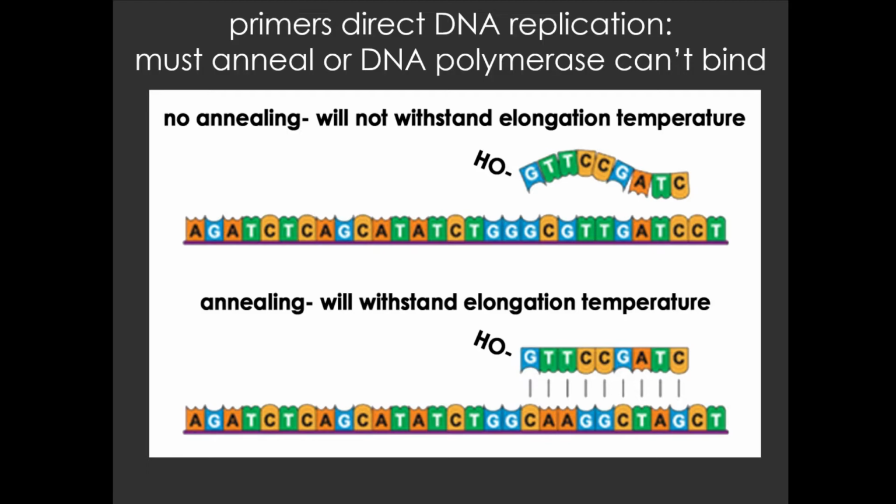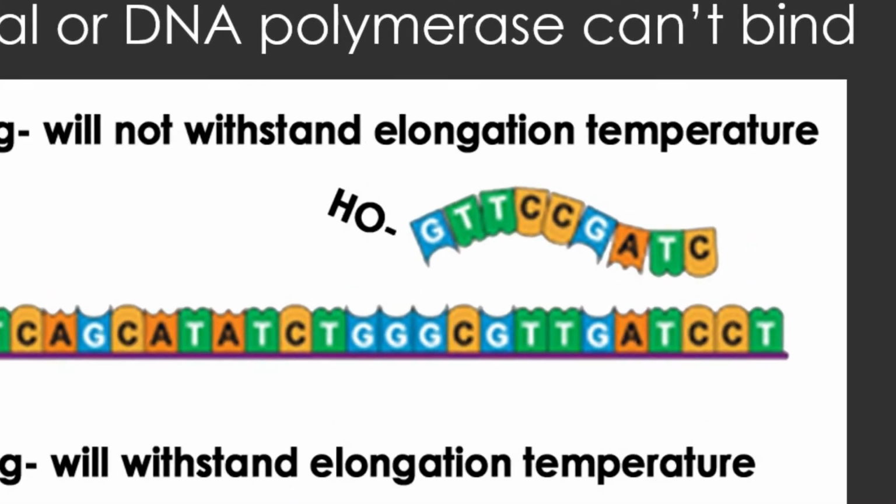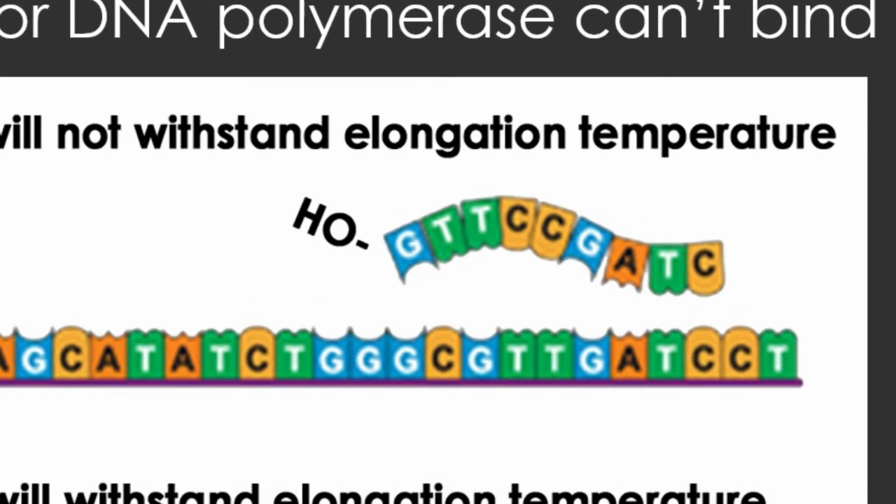So 75 degrees Celsius is enough heat that if those base pairs don't match, they won't anneal. As you see with the top example here, there's not enough complementarity between those 2 fragments of DNA, and so there's no annealing, and that means that there's no OH group there for the DNA polymerase to bind to.